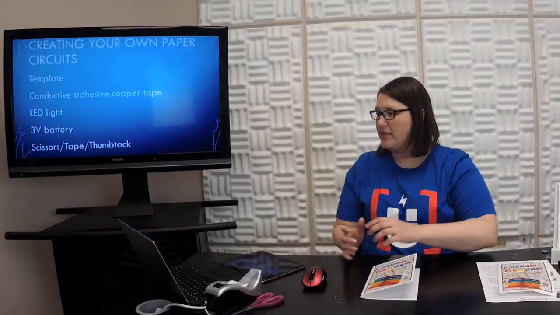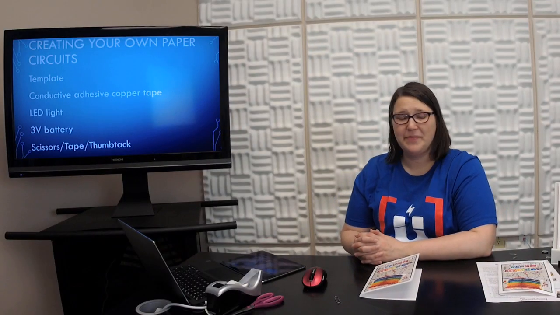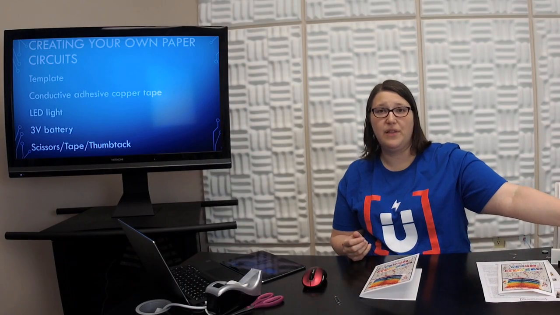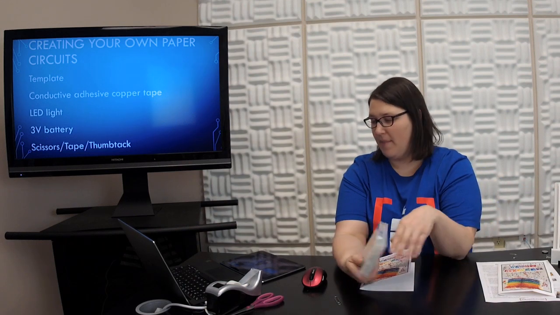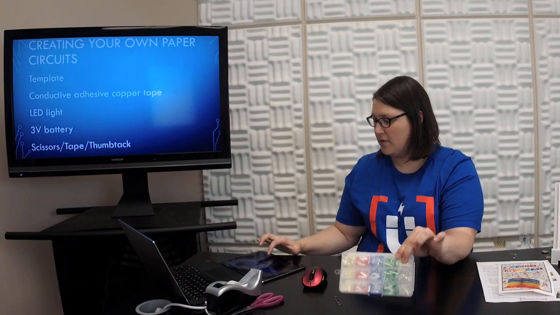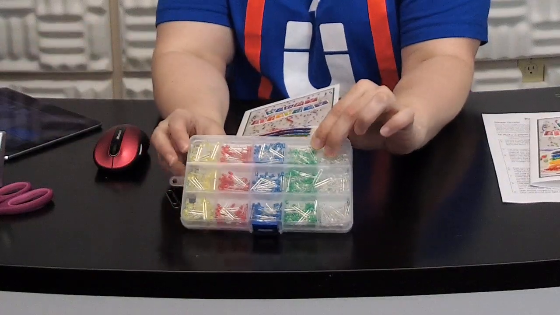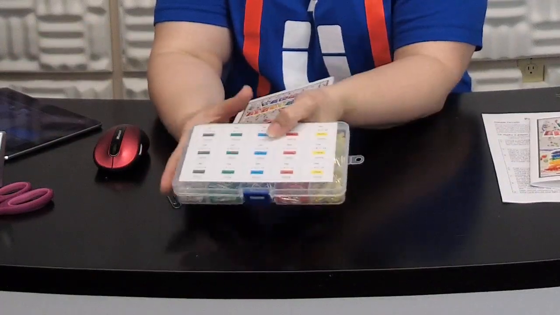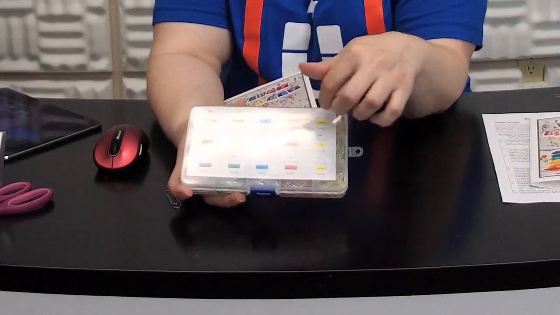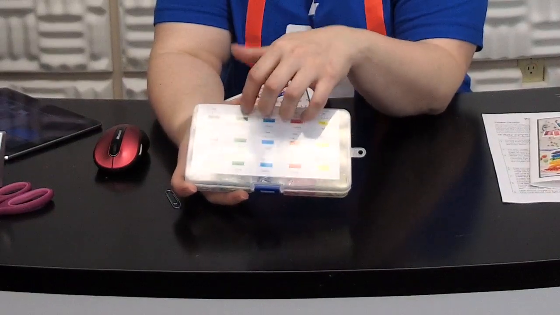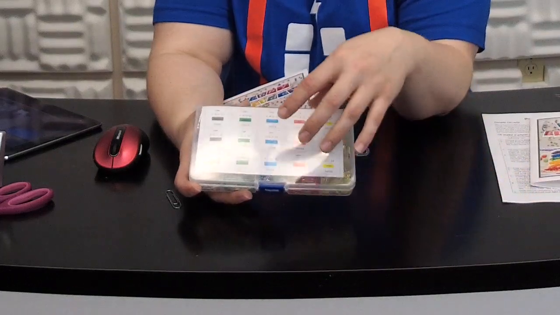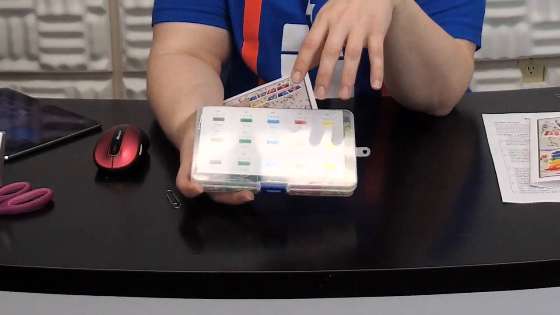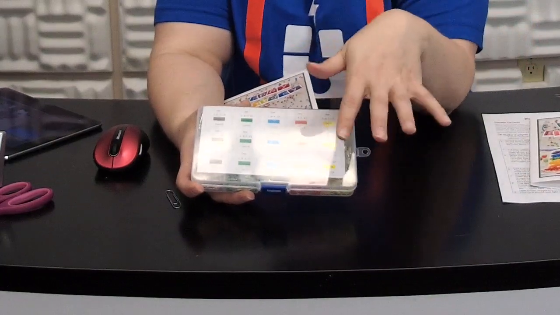The next thing that you're going to need are some LED lights. LED stands for light emitting diode. I just bought a big box of them, and they come in all sorts of different colors. The various LED lights come in various voltages, so make sure that you get the right voltage for the battery that you're using. You don't want lights that require more voltage than your battery, because then they will never light up.